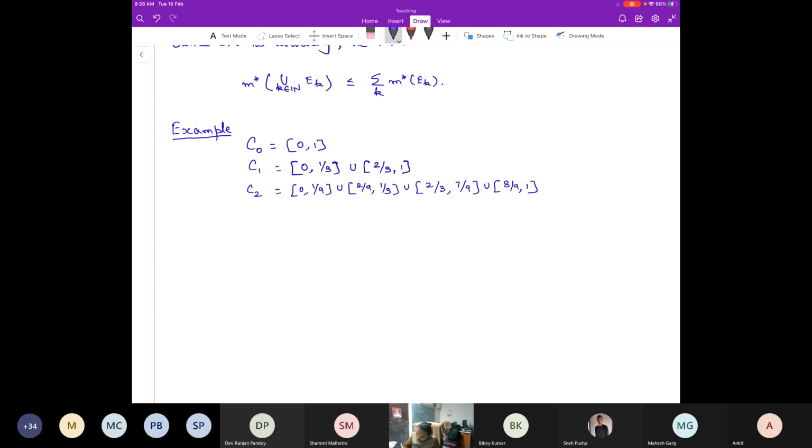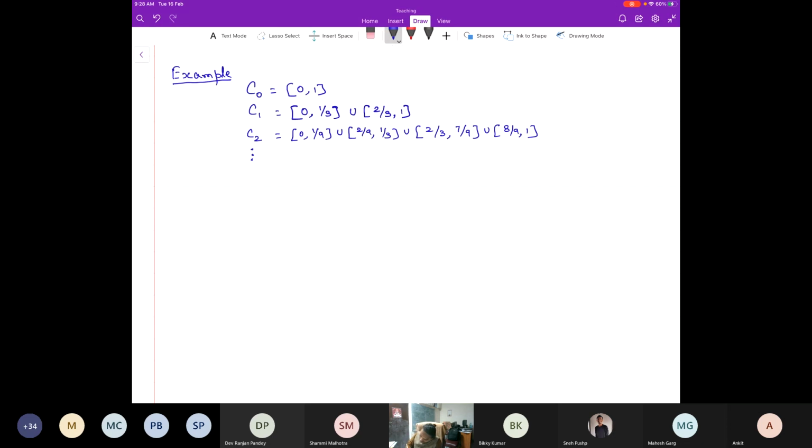Again, keep doing this again and again. I am just putting dots so that you know what to do. If you keep continuing, what do we obtain?